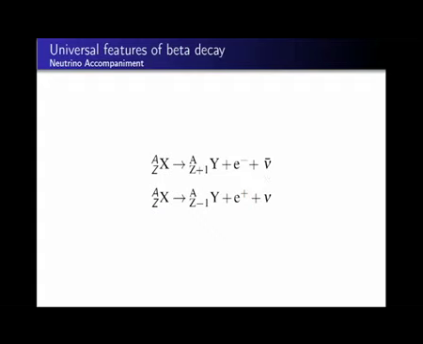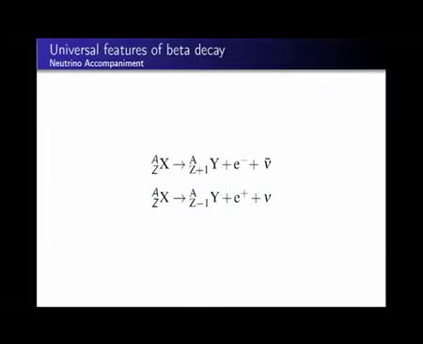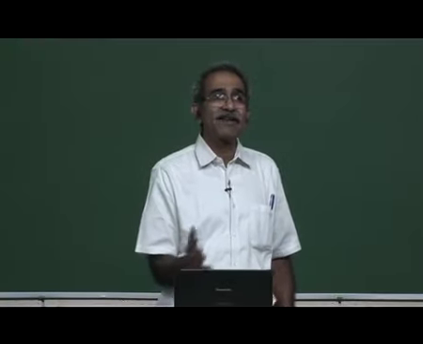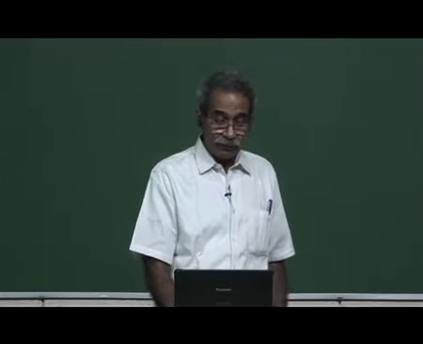At this point, you do not have to worry too much about what its nature is, except that for all practical purposes, it is something like a photon. That is, it travels with the speed of light. It has no rest mass. And it is also something like an electron, because just as the electron carries spin half, my antineutrino also carries a spin half.